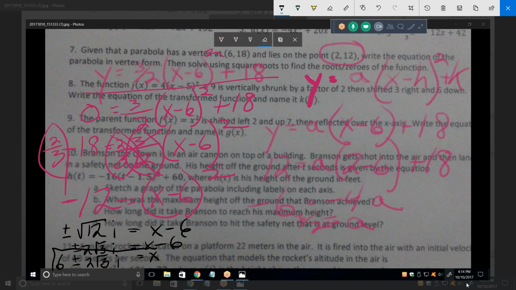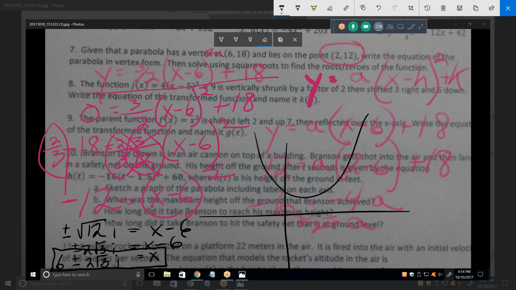And those are the zeros of our parabola. The fact that we get an imaginary solution merely means it does not cross the x-axis. If your parabola does not cross the x-axis, then you are going to have imaginary zeros.